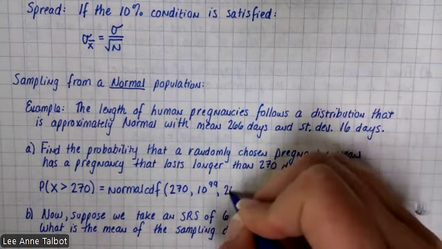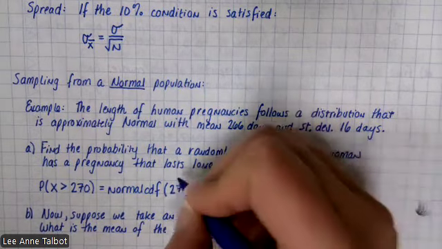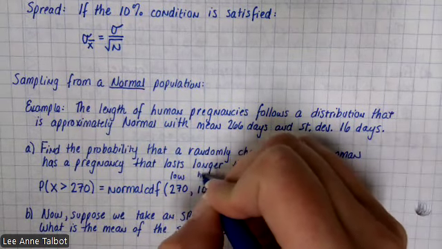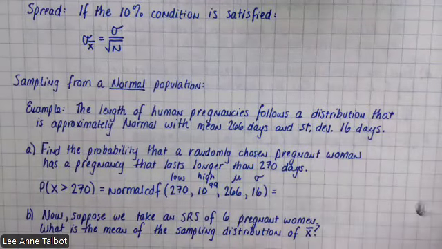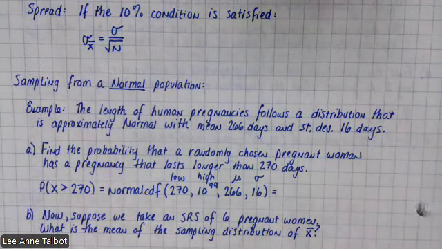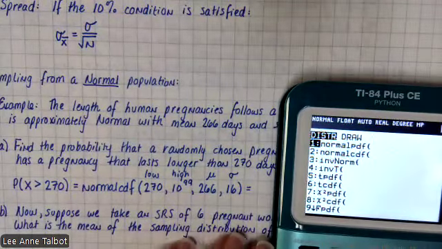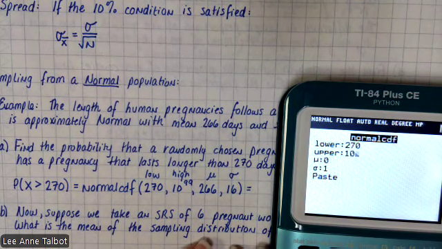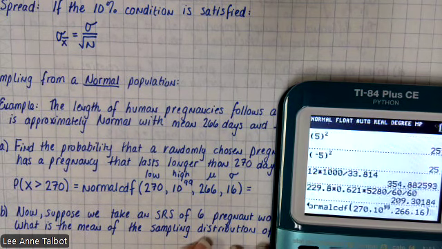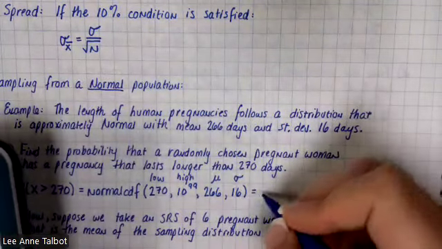Mean 266. Standard deviation 16. Low, high, mean, standard deviation. 0.4013.